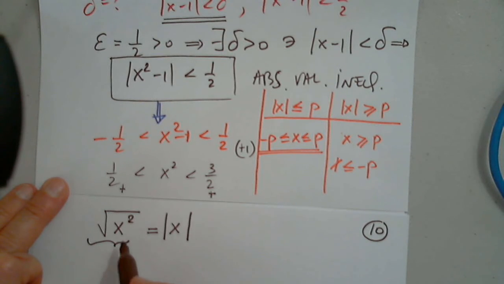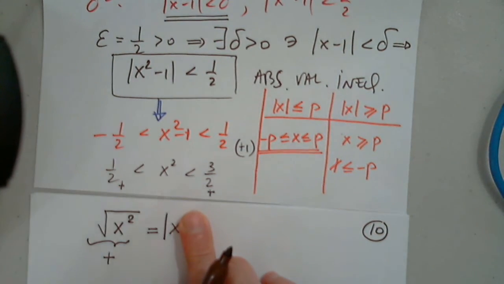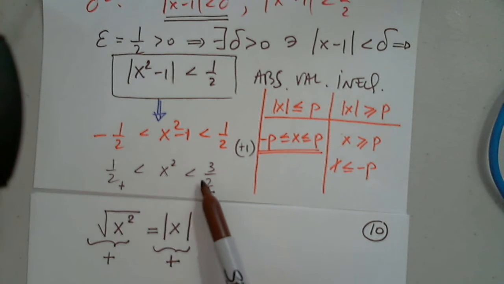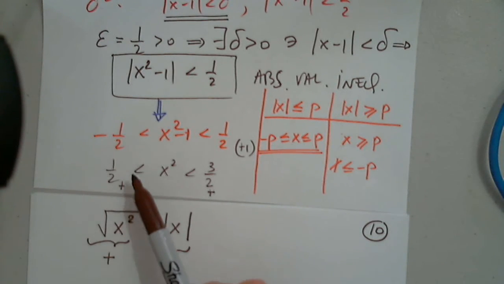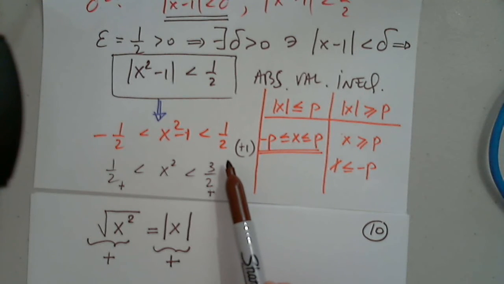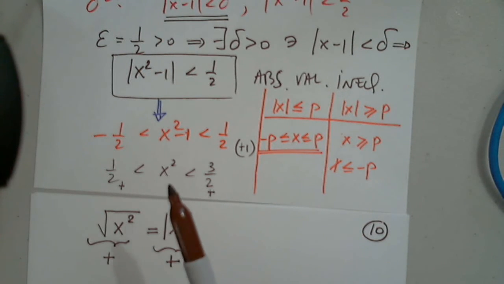Because this number is always what type of number? Positive. Good. If I omit the absolute value here, this number could be negative. So therefore, this has to be always positive. So I see that all these are positive. I will take the square root from all sides. However, be careful.